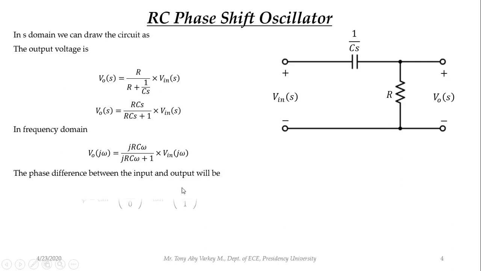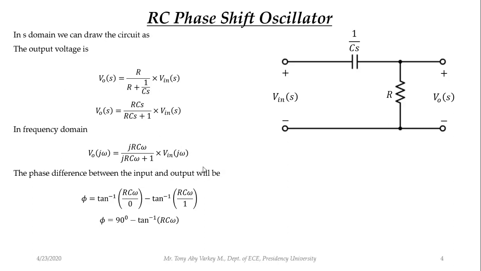So the phase will be tan inverse RC omega by 0 minus tan inverse RC omega by 1. The first quantity becomes tan inverse infinity, which is 90 degrees. So the phi value will be 90 degrees minus tan inverse RC omega.